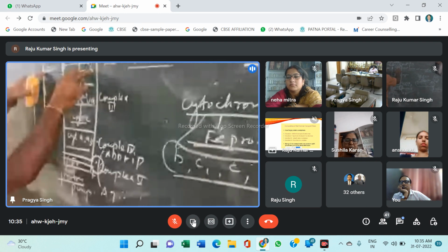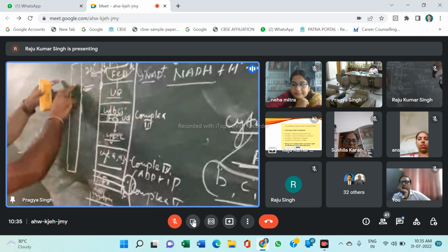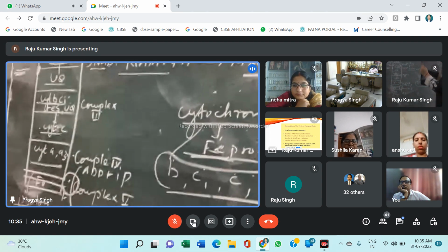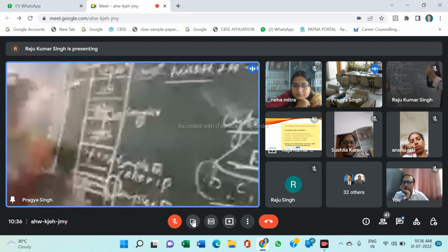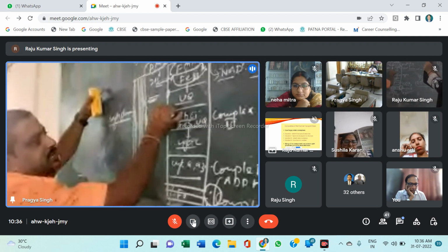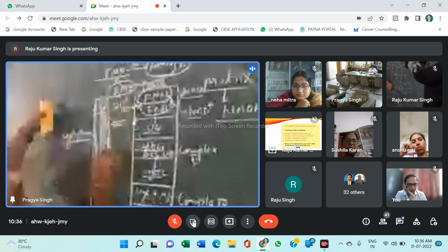This is the inner membrane, and this is your perimitochondrial space, and this is your outer membrane, and this is your cytoplasm. This part is the outer membrane of mitochondria. This is the perimitochondrial space between the outer and inner membrane. So here the protons are being pumped.